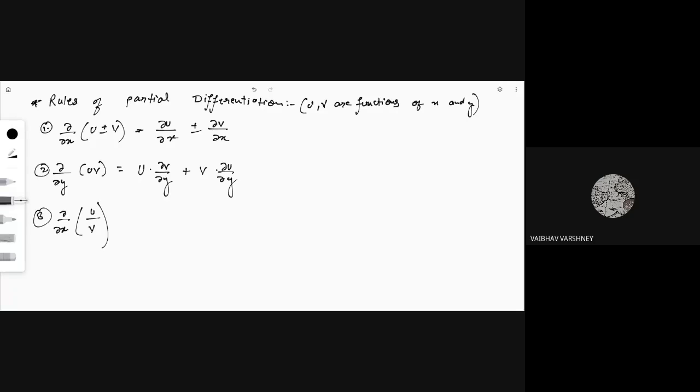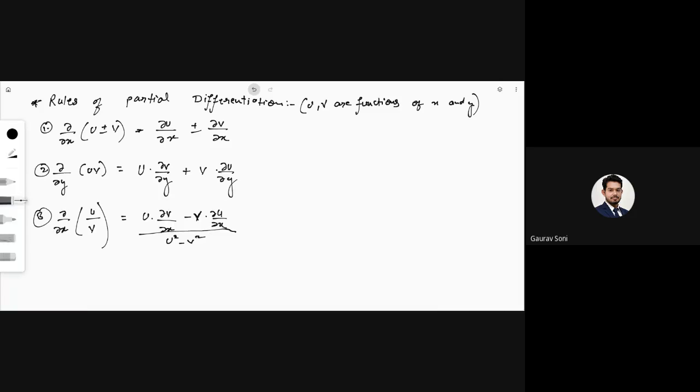So u into the partial derivative of v minus v into the partial derivative of u, upon u square minus v square.